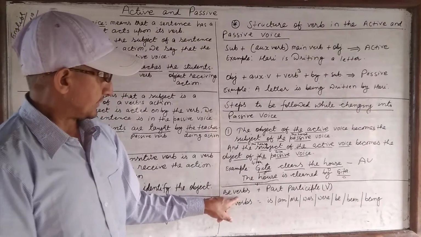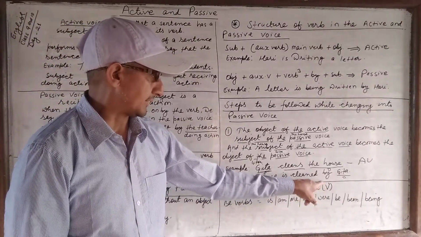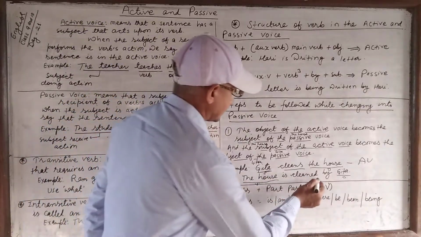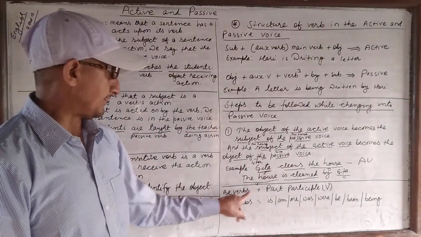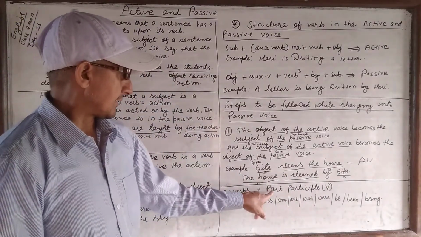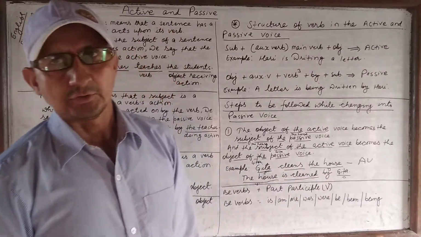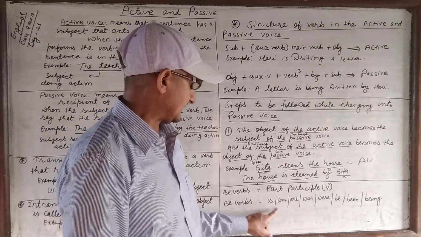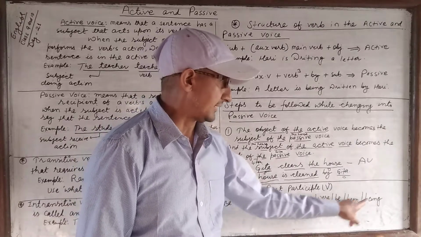And be verb plus the past participle form of the verb, that is V3, is used in the passive form. The be forms of the verb are is, am, are, was, were, be, been, being.